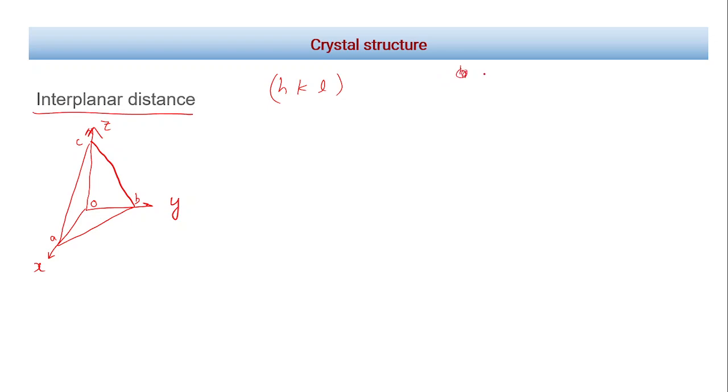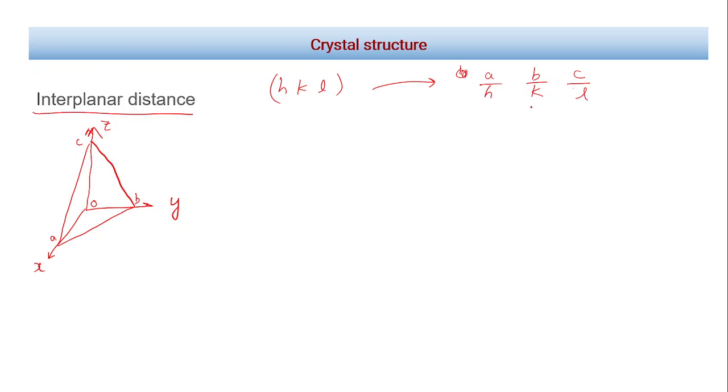And also we have to multiply it with A. Just to make it clear, if this is my Miller index, then my intercept on the x-axis will be A by H, intercept on the y-axis will be B by K, and intercept on the z-axis will be C by L. Why?